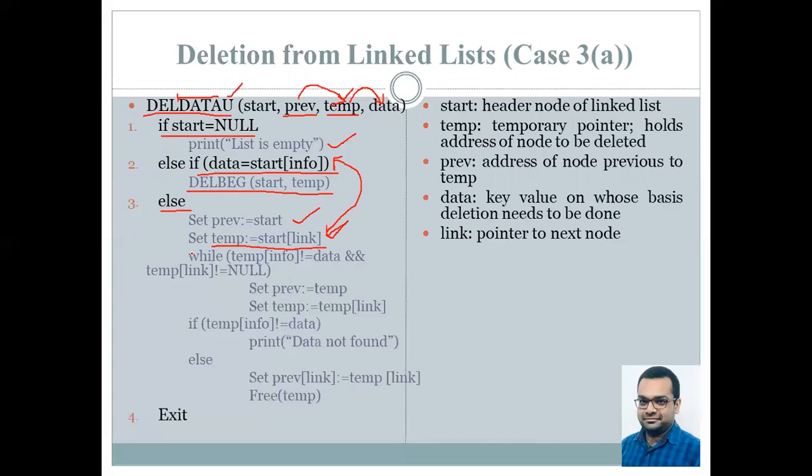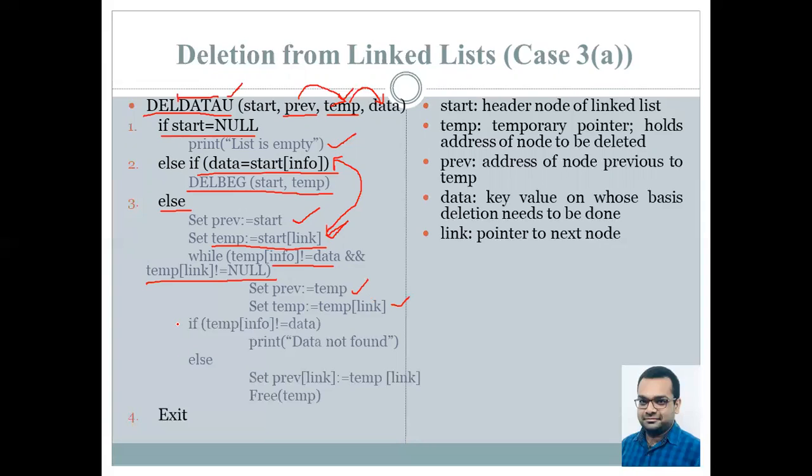Now in the while loop we check while temp's info is not equal to the data, that is, till the time we don't find the data value, and temp's link is not equal to null, till the time we don't reach the last node, then we set previous equal to temp, and temp increments to point to the next node using temp equals temp link.